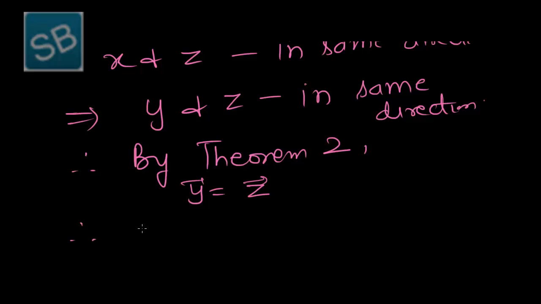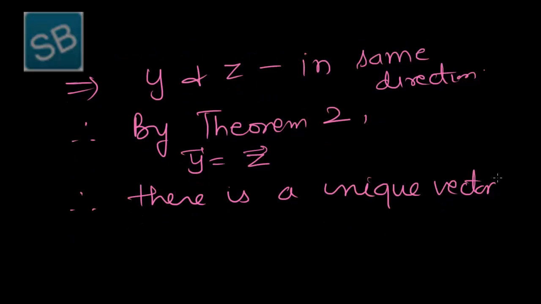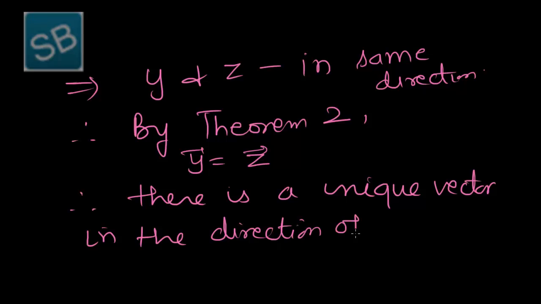Therefore, uniqueness is proved. Hence, we can say there is a unique vector in the direction of a non-zero vector x. Hence, the theorem is proved.